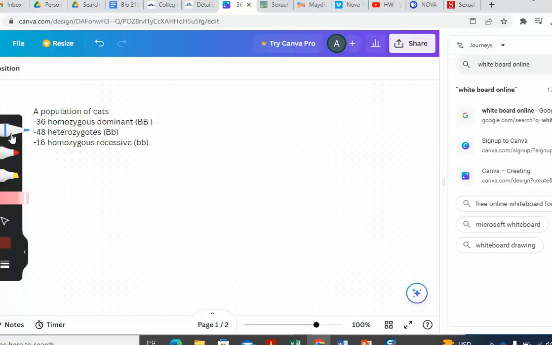So here's the same problem. We've got 36. First, we're going to try to calculate the number of big B's in the population. Then we'll calculate the number of little b's. So for big B's, it's going to be the number of homozygous dominant individuals times 2, because each of them has 2 of these big alleles, plus 48, because there are 48 individuals who are heterozygous.